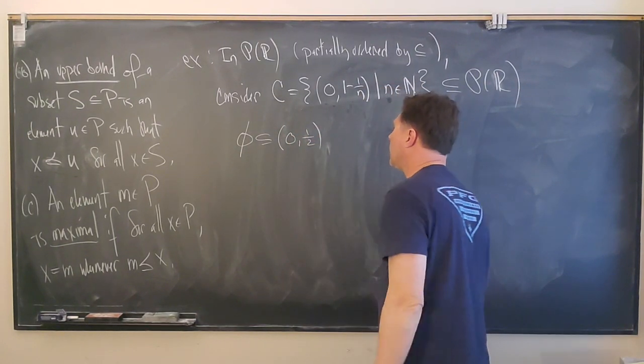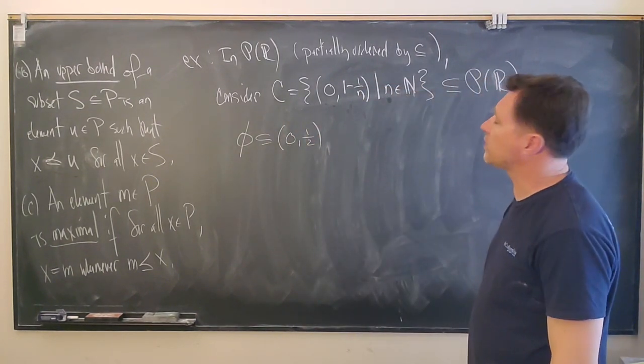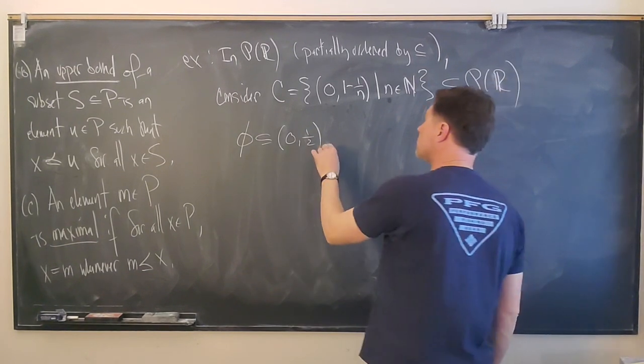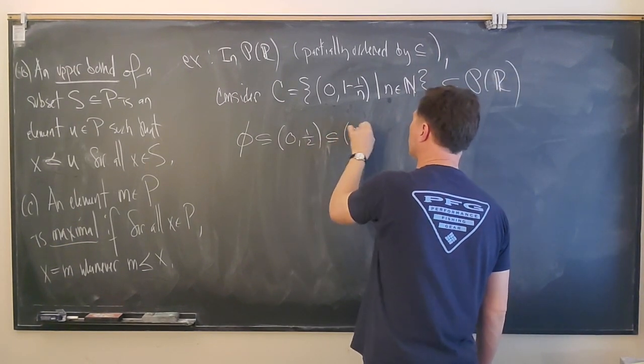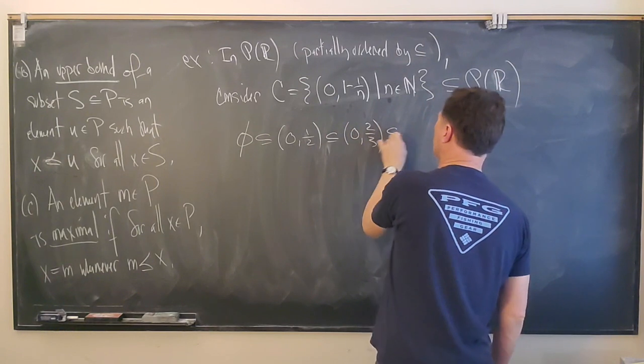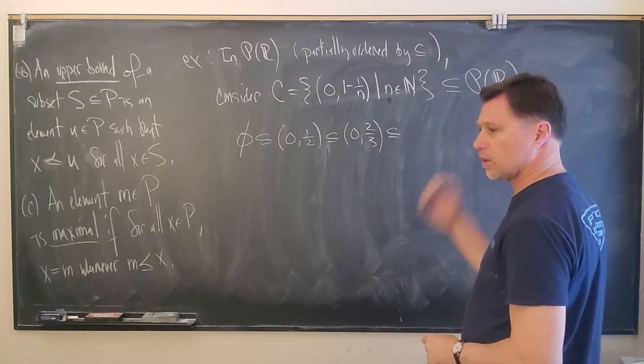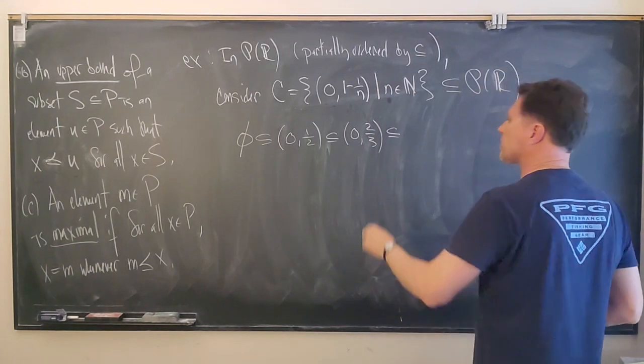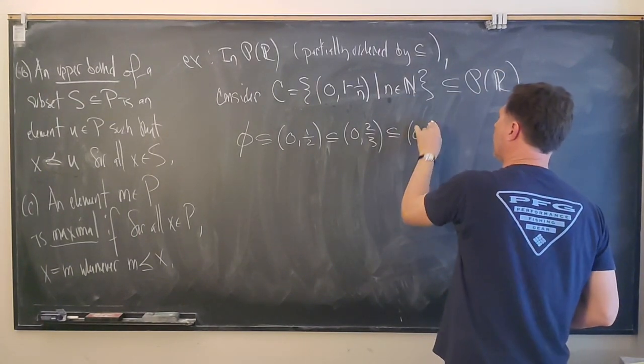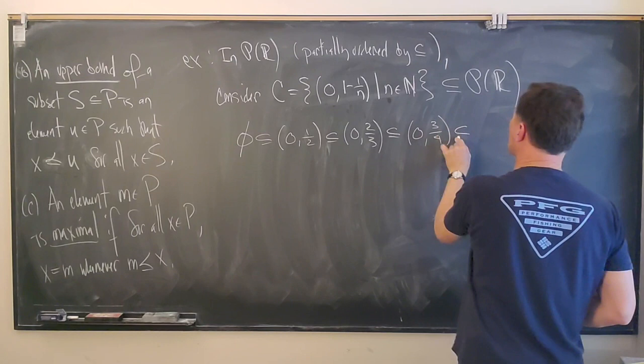When n equals 3, we'll have 0, comma 2/3. When n equals 4, we'll have 1 minus 1/4, which is 3/4. And notice that this goes on forever.